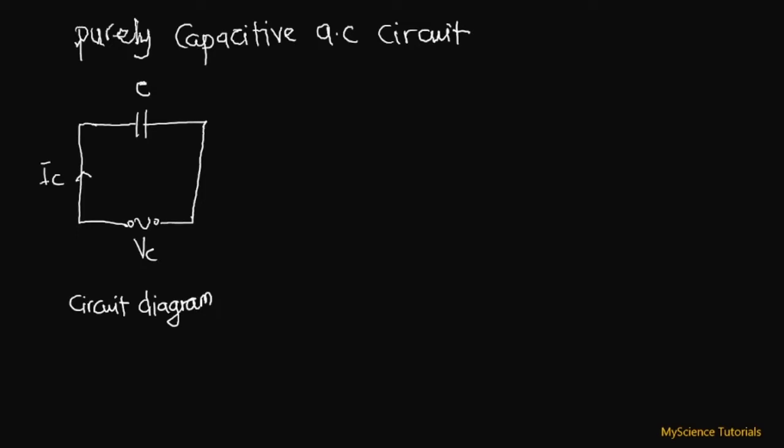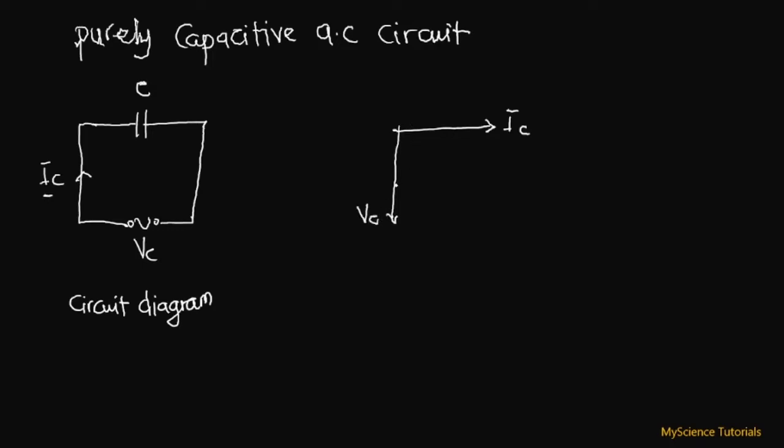Now in a purely capacitive AC circuit, the current leads the voltage by 90 degrees. What do we mean by this? It means if we draw the phasor diagram for this particular circuit, we are going to have our current over here and our voltage on this axis over here.